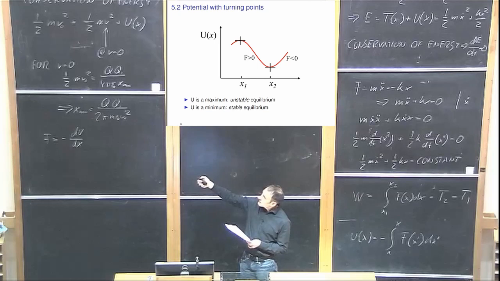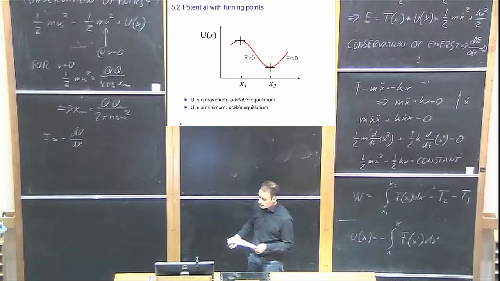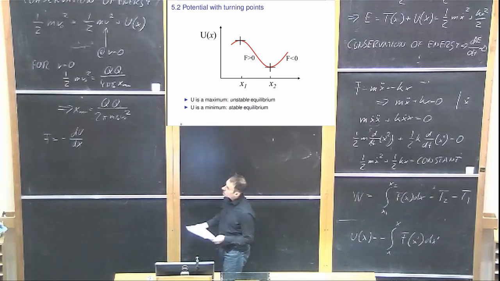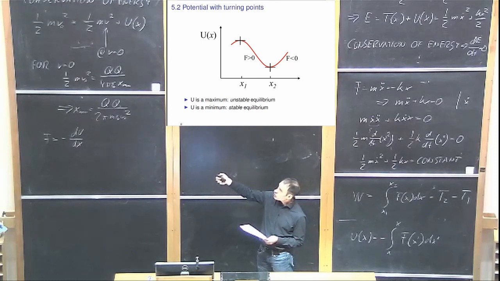If you do the opposite here, if you go slightly off that x1 to the right, the force will continue and accelerate it, and vice versa. If you go to the left, it will accelerate it to the left. So you basically have an unstable equilibrium when the potential is a maximum, because left and right, the resulting force you get by dU by dx will push it off further, and this is the stable one.